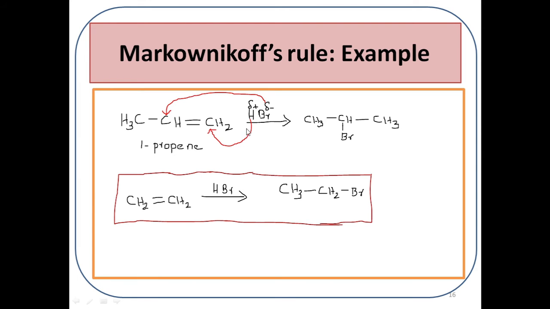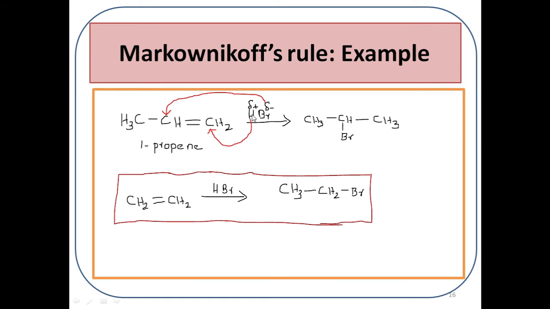So in the addition of an unsymmetrical reagent to an unsymmetrical alkene, the rule states that the negative part of the addendum, here the addendum is HBr and the negative part is Br, will be added to that doubly bonded carbon atom containing the least number of hydrogens.